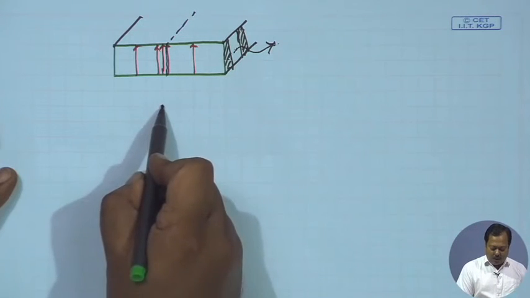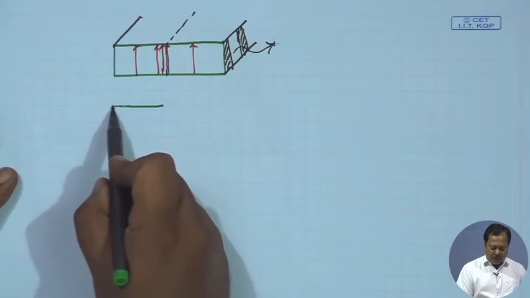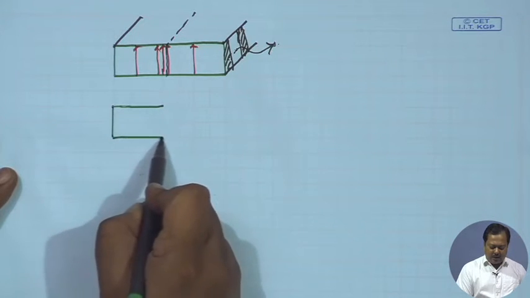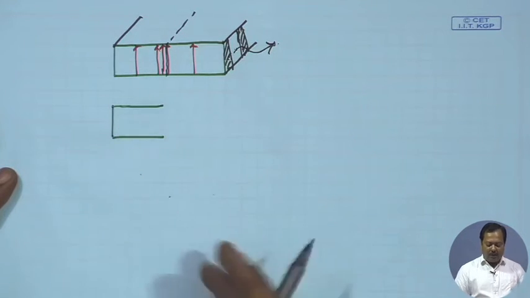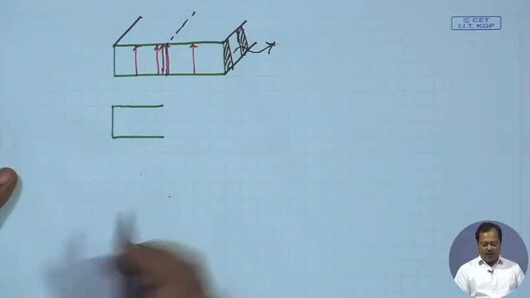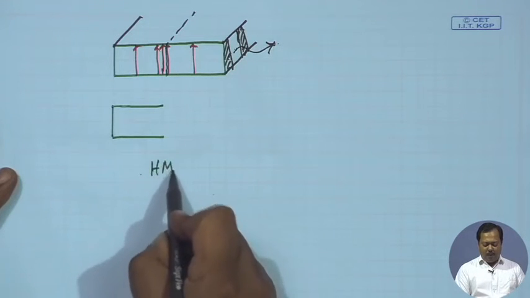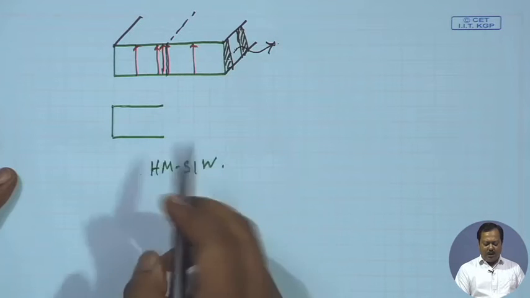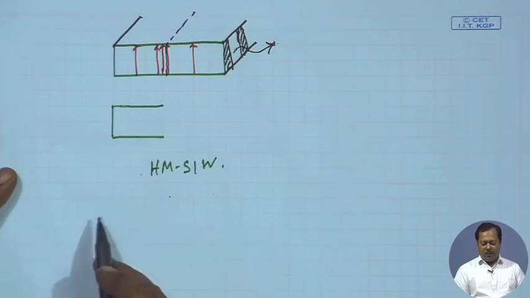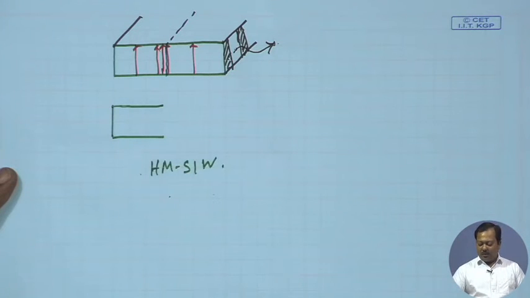So, using that concept, if I cut this structure from the midpoint, then it looks like half of the SIW structure. We call it half mode SIW structure, and it will also support wave propagation almost without any leakage.